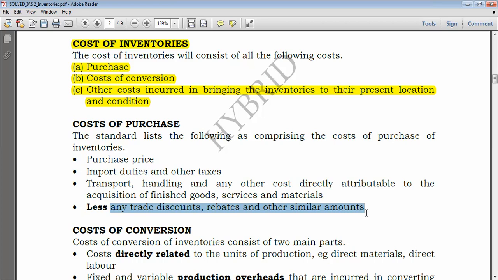Received means that you have received it, and allowed means like... My question is, are those cash discounts or trade discounts? Both discount received and allowed, are they cash discounts or trade discounts? They both are.